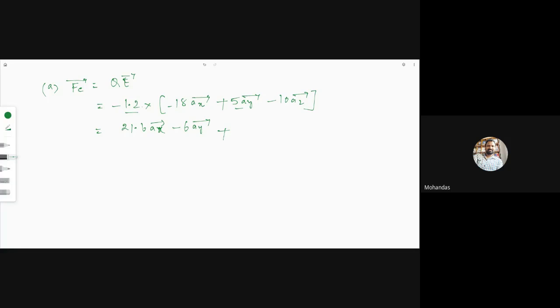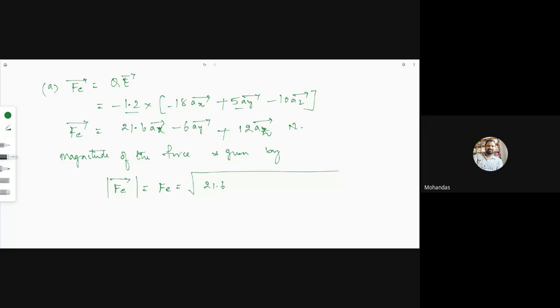Units are newtons. This is the electric force on the moving charge. Now the question asks about the magnitude of the force. How to calculate the magnitude if you know the vector? Fe magnitude equals the square root of 21.6 squared plus minus 6 squared plus 12 squared.